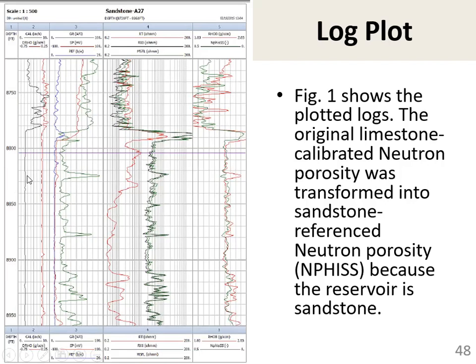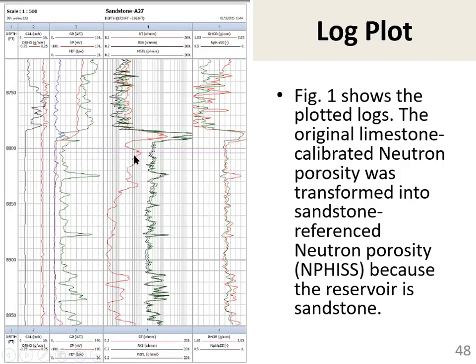In track 2, you have the caliper and the density correction curve. In track 3, here you have the gamma ray, the SP, and then you have the photoelectric factor curve. In track 4, this is the resistivity curve.